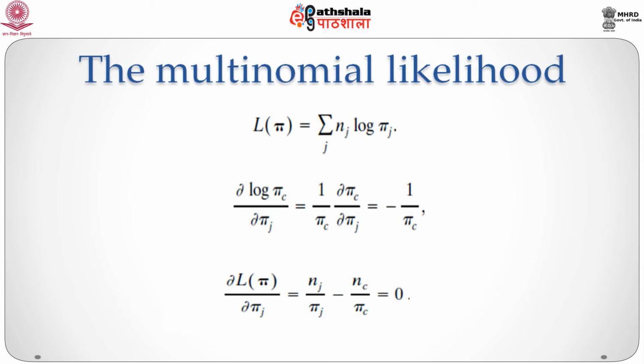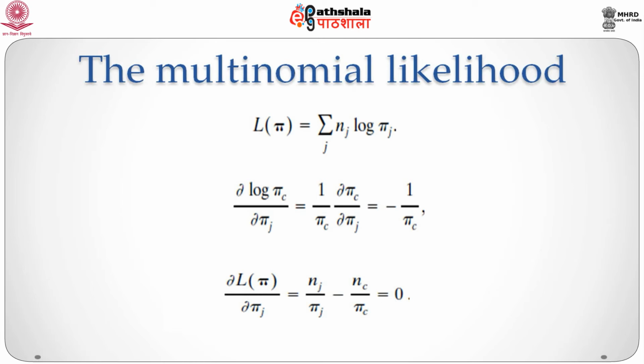If we assume that we have C categories, then the log likelihood is given by L(pi) equal to summation over j of nj log of pi j, where pi 1, pi 2 to pi c are the probabilities of belonging to the C categories respectively, and summation of pi 1 to pi c is equal to 1.